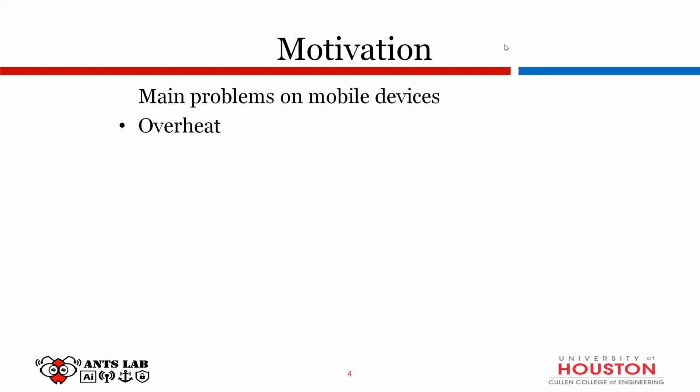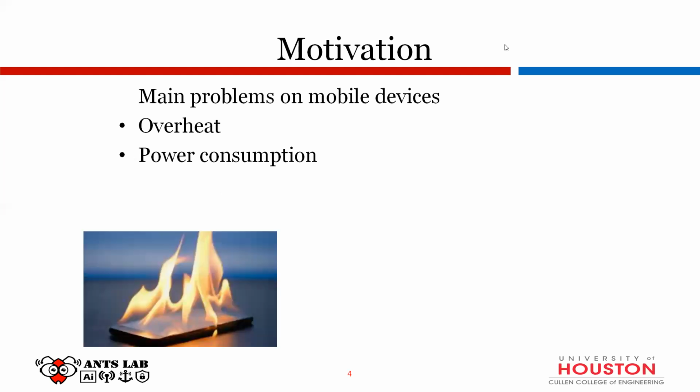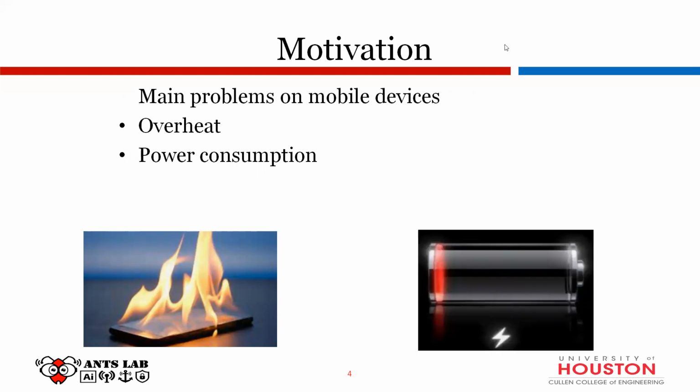And the second one is power consumption, as in when you're using Skype or other things to talk with your family, and then the cell phone turns off because it's out of power. So these two are the main problems for current mobile devices.